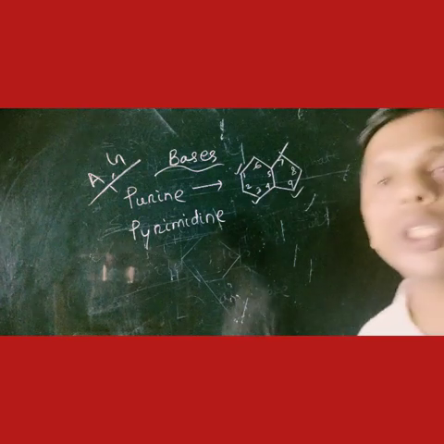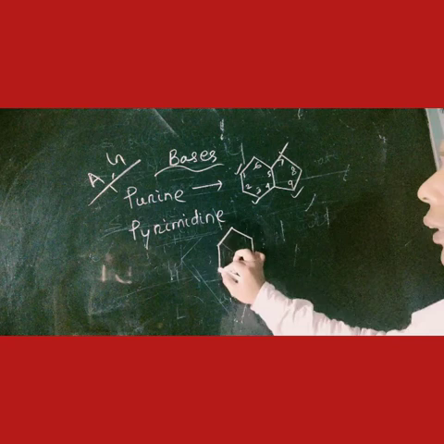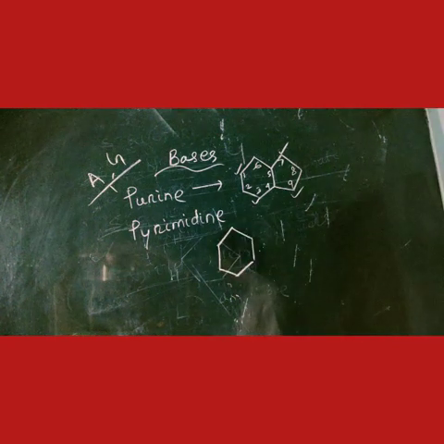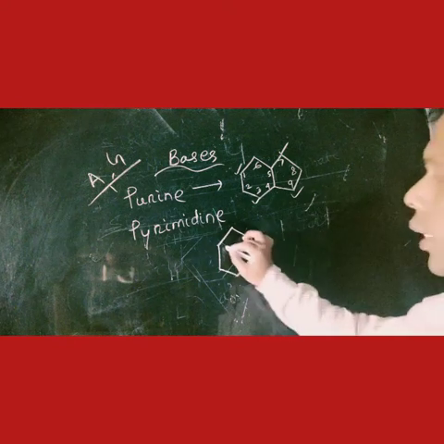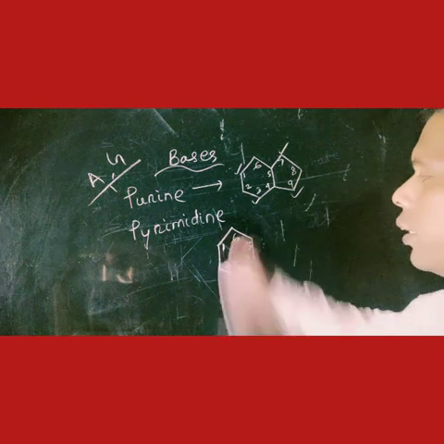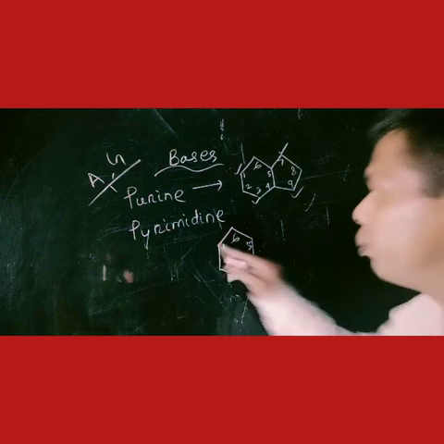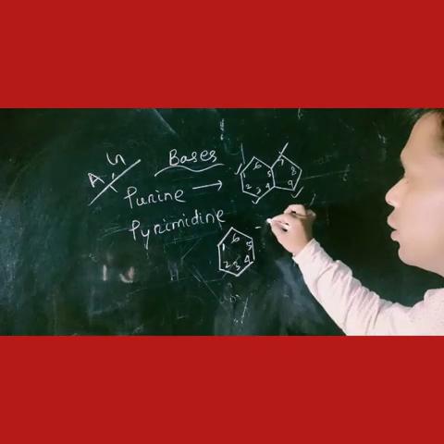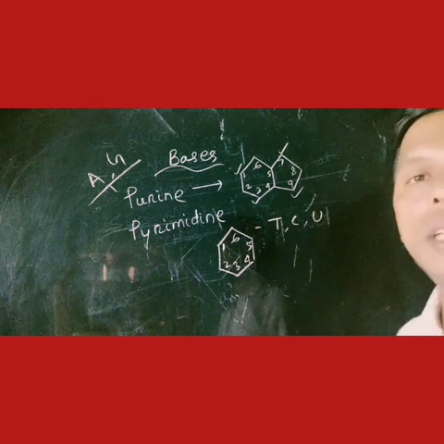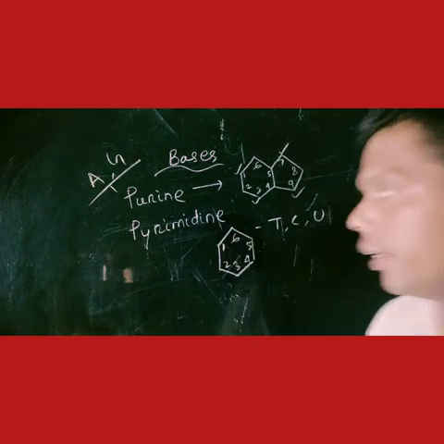The pyrimidine consists of only a single 6-membered ring, with nitrogen at positions 1 and 3. The pyrimidines are thymine, cytosine, and uracil. Uracil is not found in DNA, it is found in RNA.